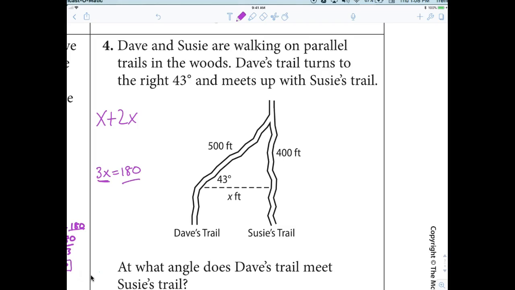So I think what they're asking for is, if I'm not mistaken, what is this angle right here? Is that what you think they're asking? Yes. You agree with that? So if I were to draw this out, just so I could look at it.